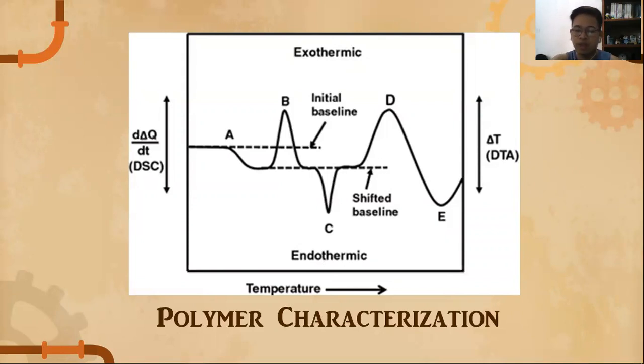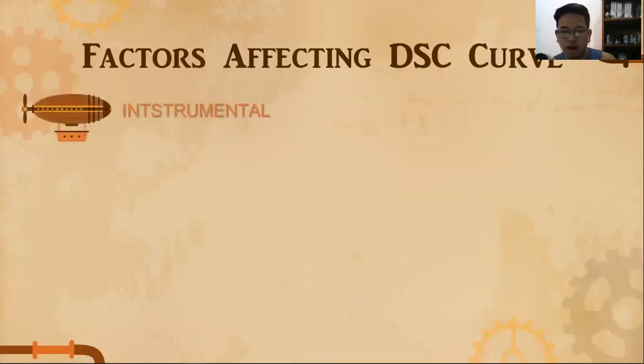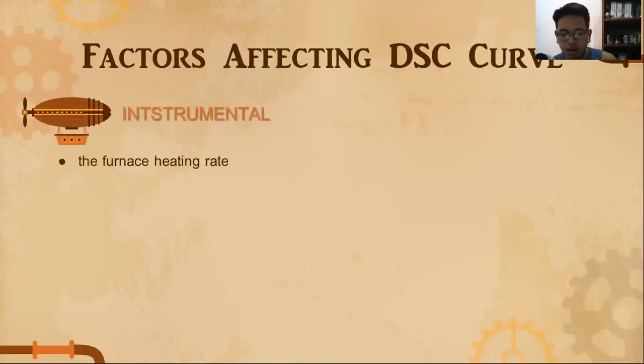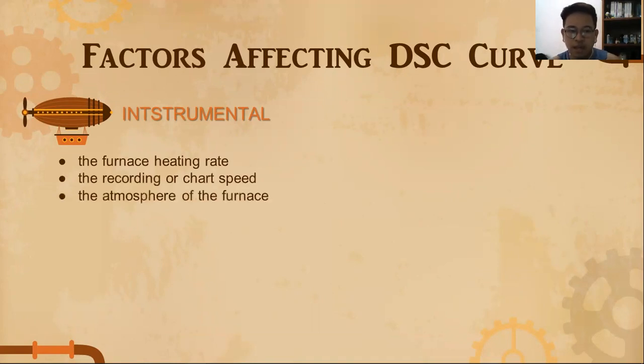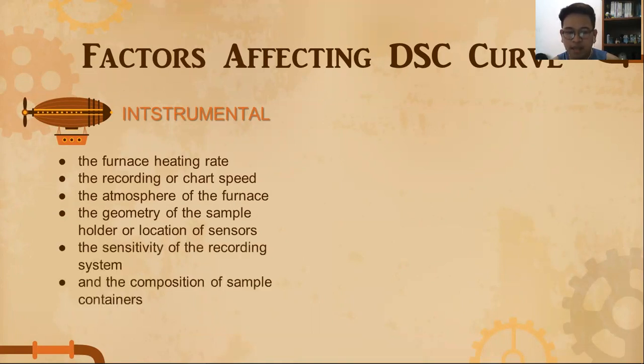There are also factors that could affect a DSC curve. The instrumental factors are the furnace heating rate, the recording or chart speed, the atmosphere of the furnace, the geometry of the sample holder or location of sensors, the sensitivity of the recording system, and the composition of the sample containers.